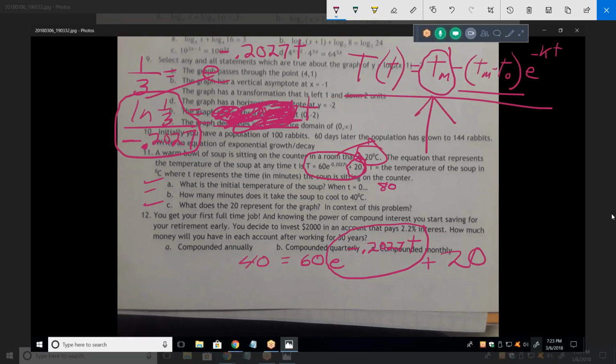This problem doesn't seem to me like you really are supposed to know Newton's law of cooling, which I find interesting because didn't we do 2 problems on Newton's law of cooling last time? Yeah. And we had to know Newton's law of cooling, right?